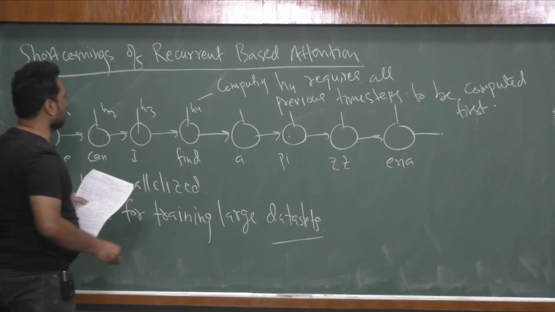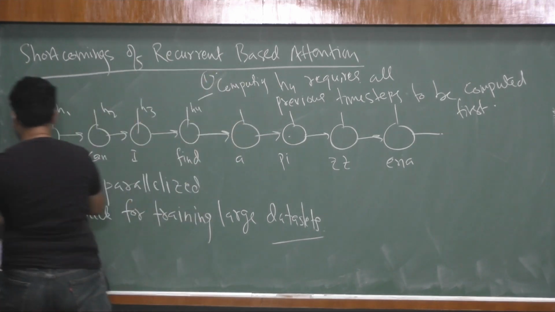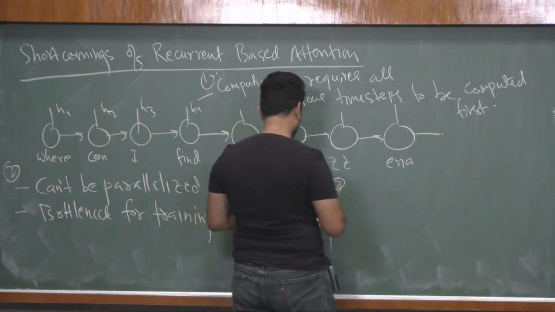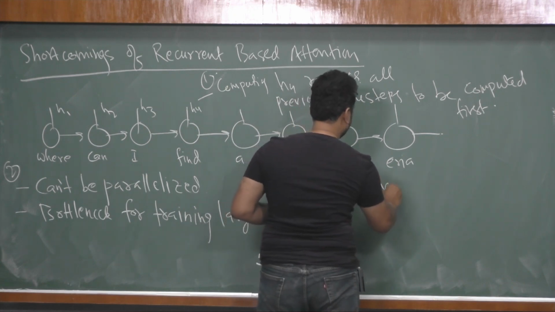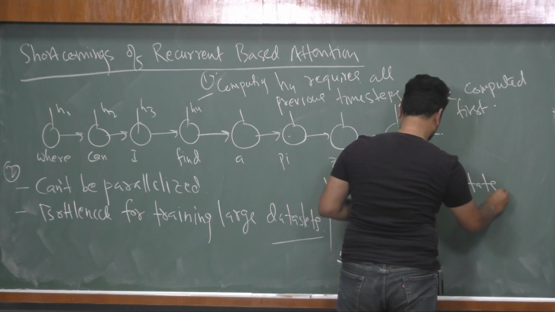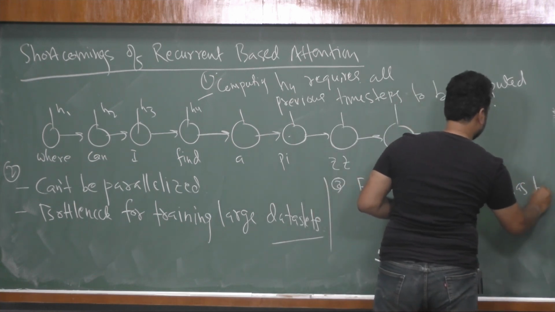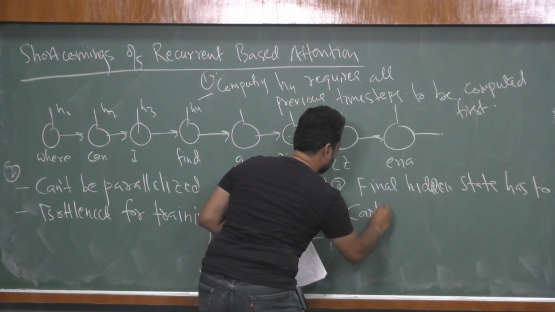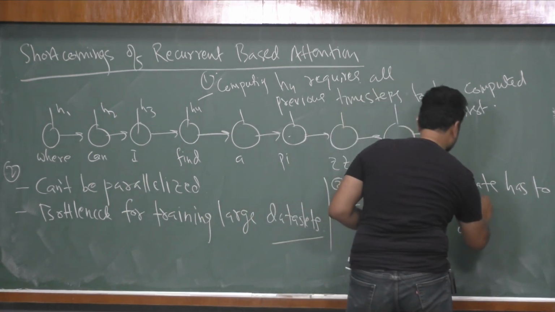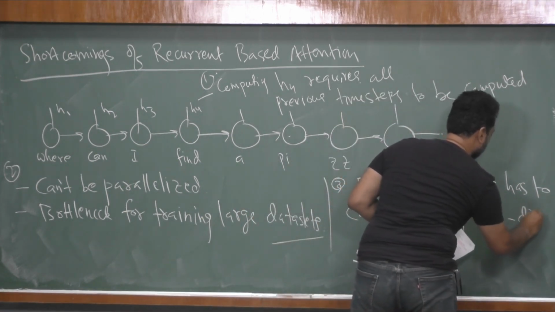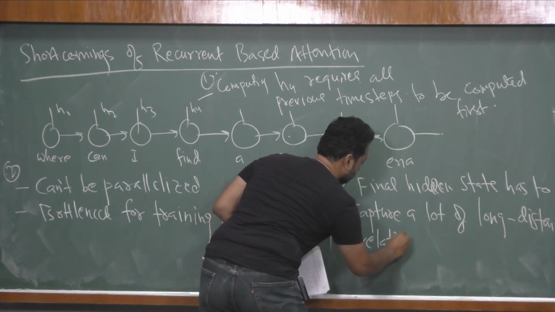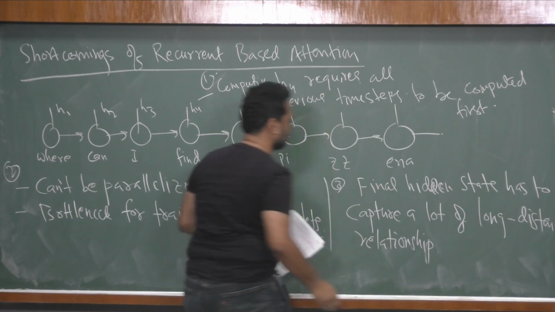The third point is that the final hidden state has to capture a lot of long distance relationships.